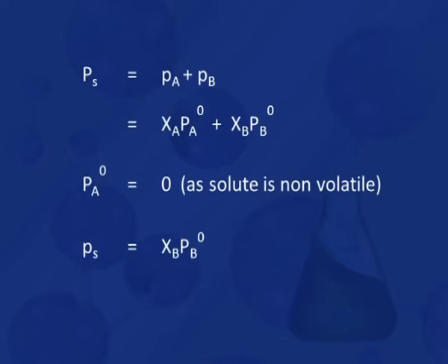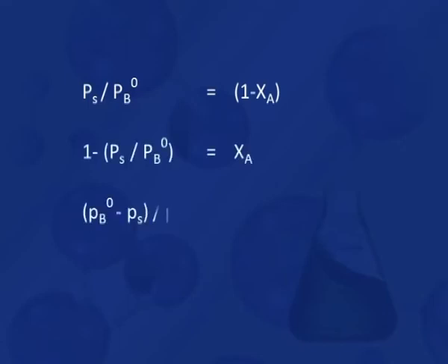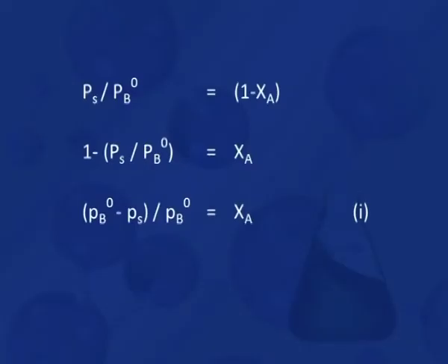Now, you will get Ps is equal to (1 minus Xa) multiplied by P naught B. On rearranging, you will get Ps upon P naught B equal to 1 minus Xa, or (P naught B minus Ps) upon P naught B is equal to Xa, meaning relative lowering in vapor pressure is equal to the mole fraction of solute. This is Raoult's law for dilute solutions.